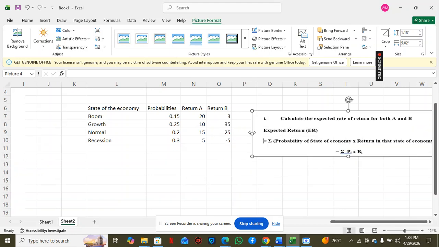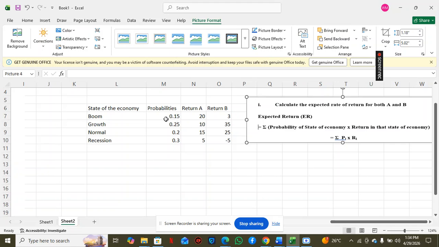So we start with company A. Basically, we're multiplying the probability by the return.